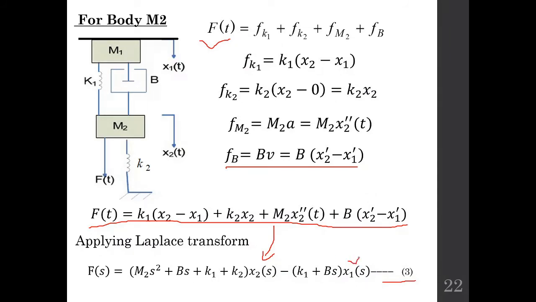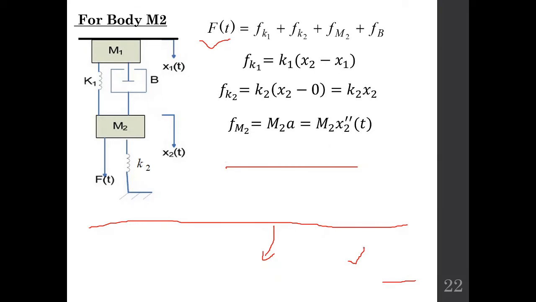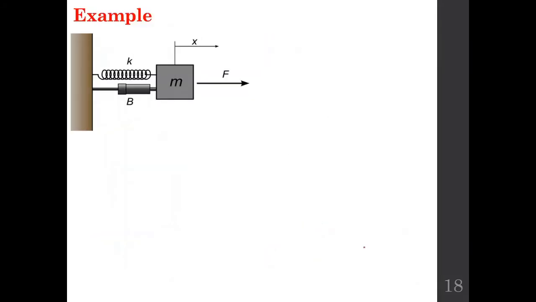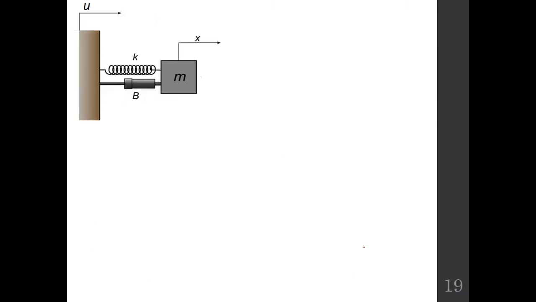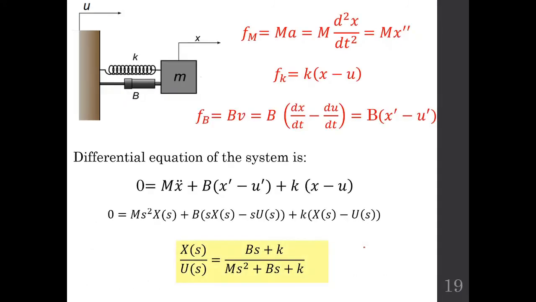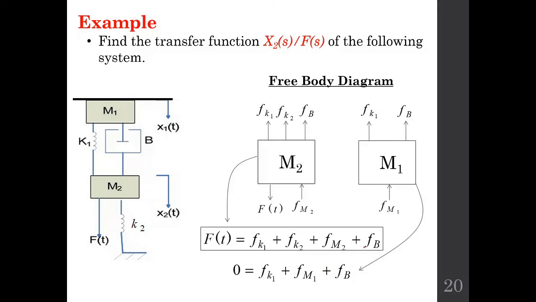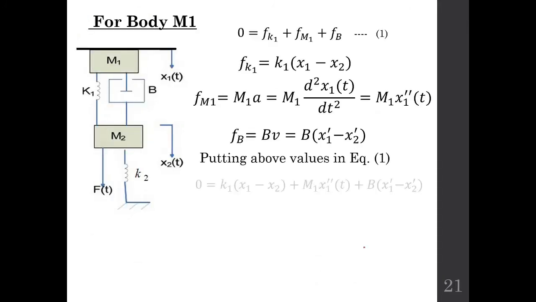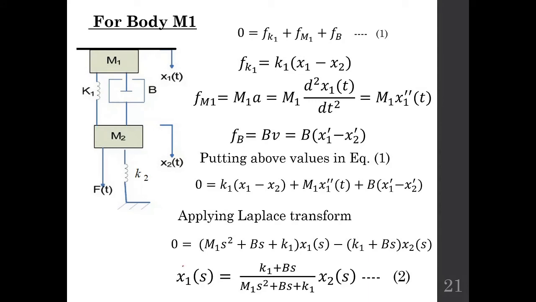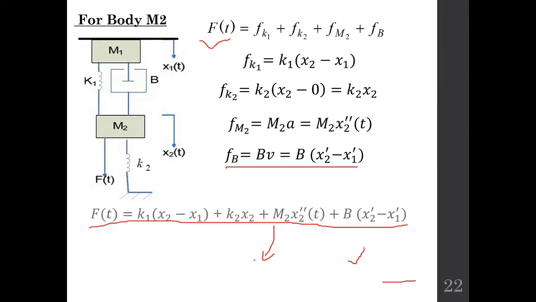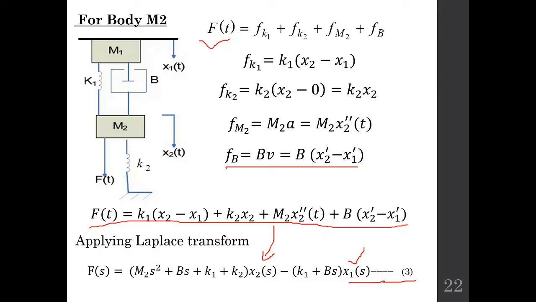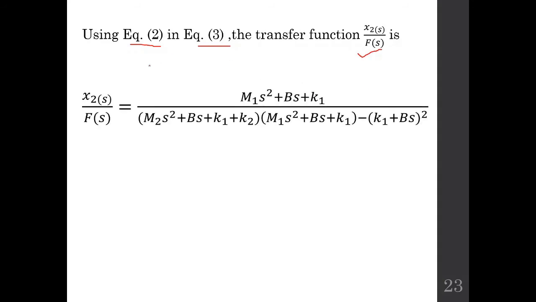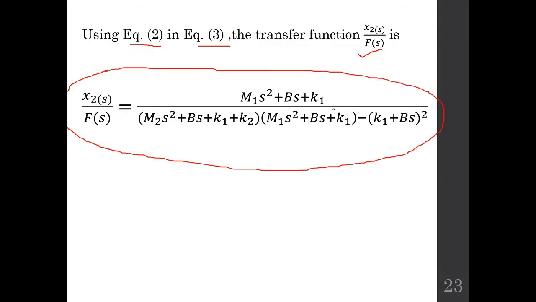If you simply put x1 of s here, so this was our x1 of s, we can easily find out x2 of s upon F of s, which was our transfer function. So the equation for our transfer function is this.